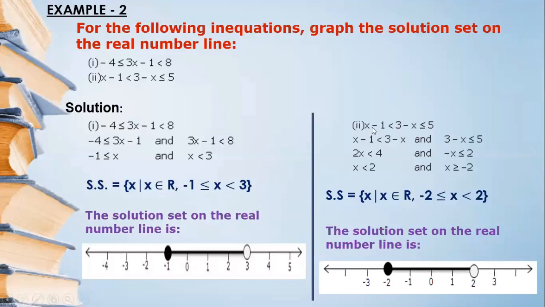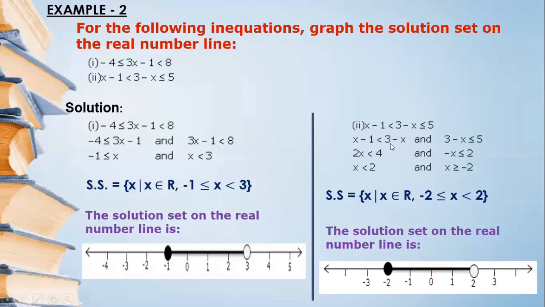Second part is x minus 1 less than 3 minus x less than or equal to 5. Again we have 3 terms, so we will divide it into 2 by taking first term and second term, forming an inequation x minus 1 less than 3 minus x, and 3 minus x less than or equal to 5 by taking second and third term.